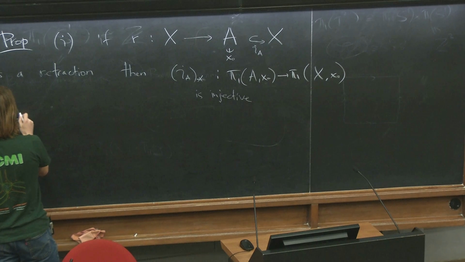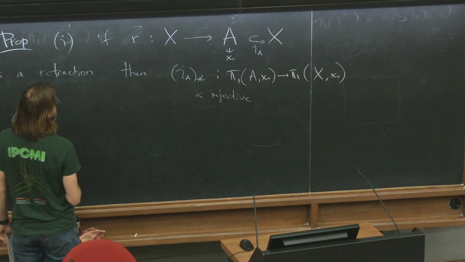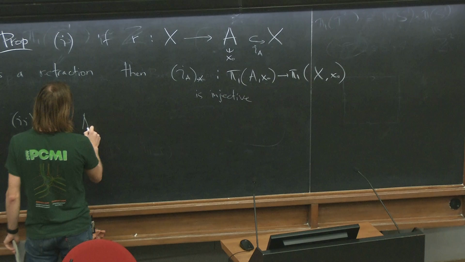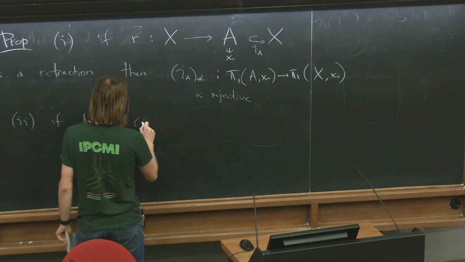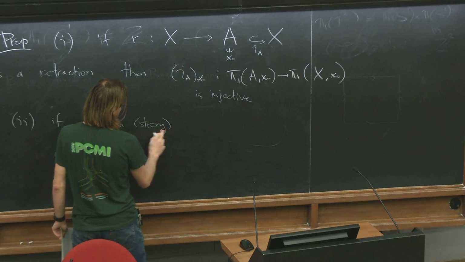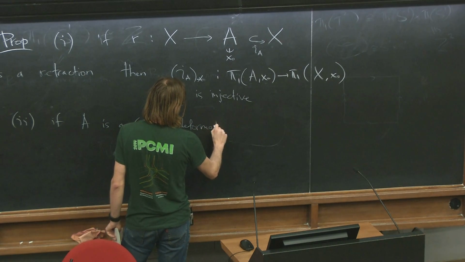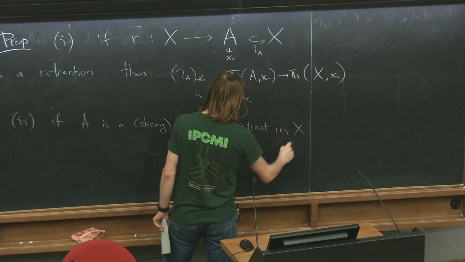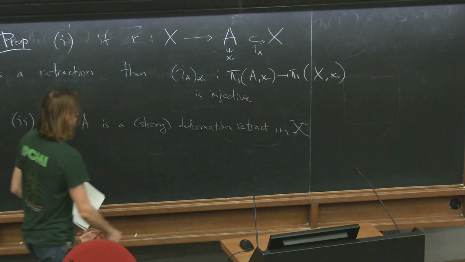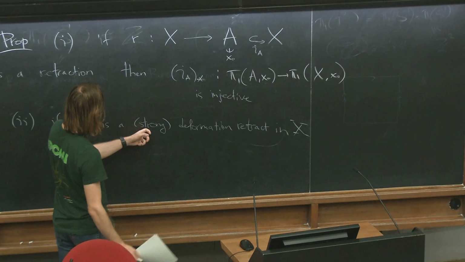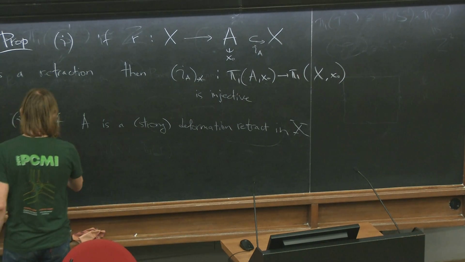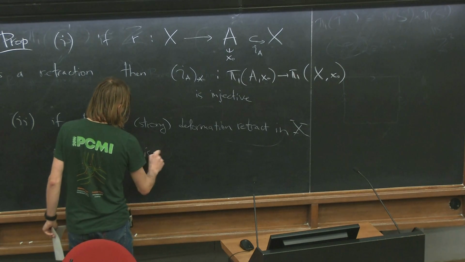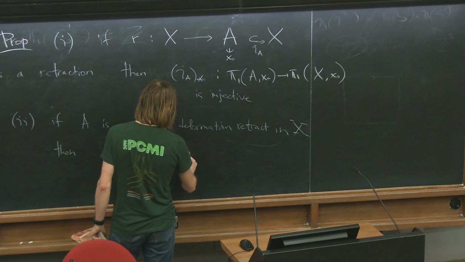And the second part of the statement: if A is what is called a strong deformation retract of X, I will tell you in a moment what this strong means, then this map is an isomorphism.